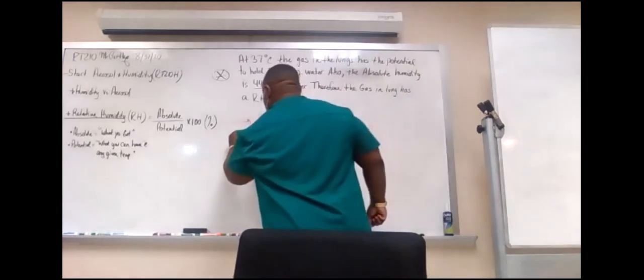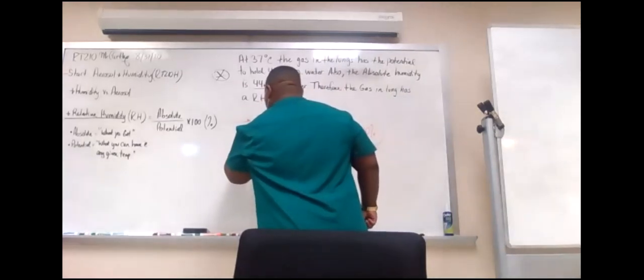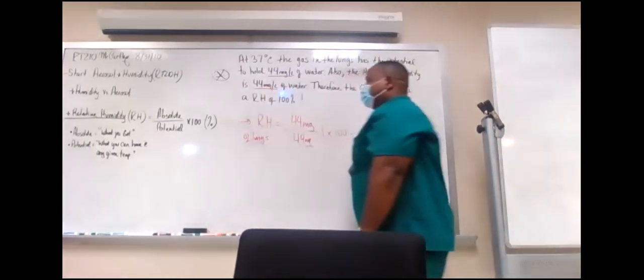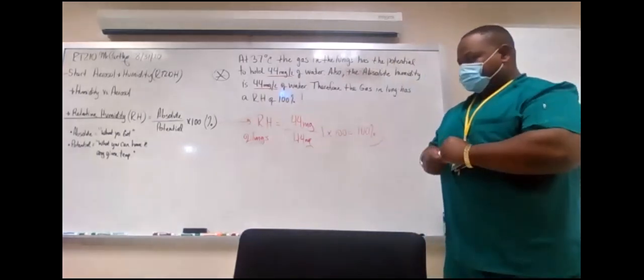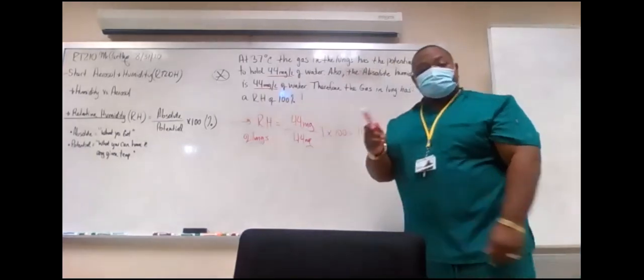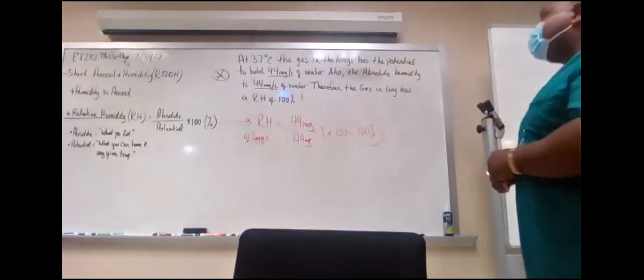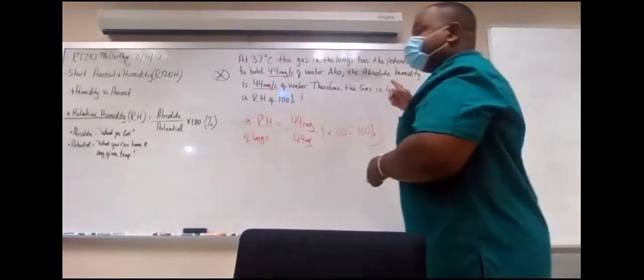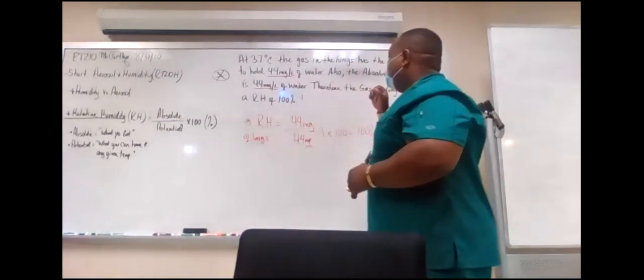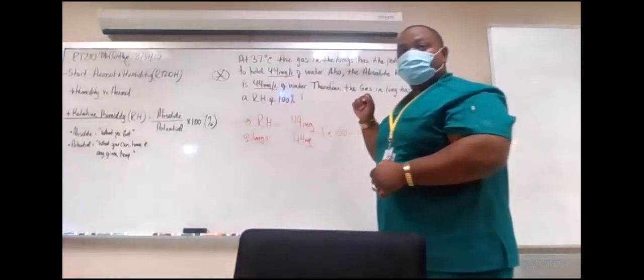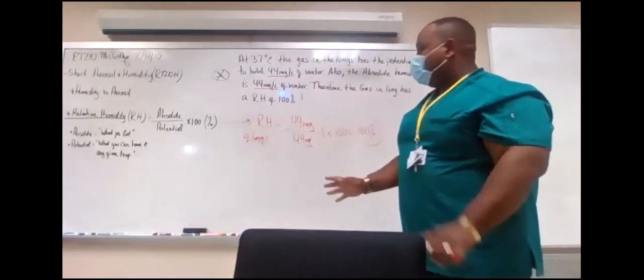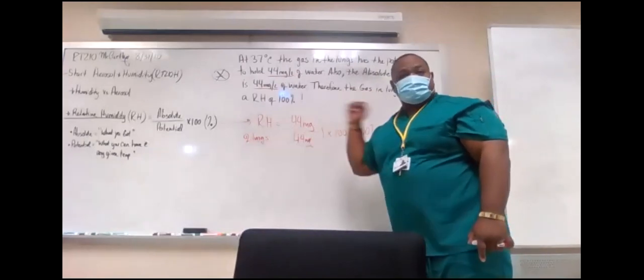So that's the RH of the lungs. At 37 degrees Celsius, the air inside your lungs has the potential to hold 44, and it's holding 44. So it's completely saturated, also known as 100% relative humidity.